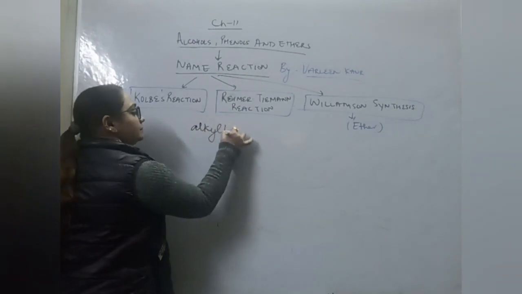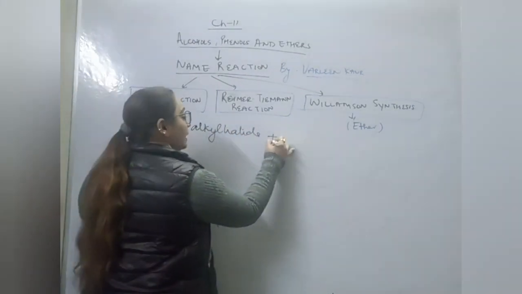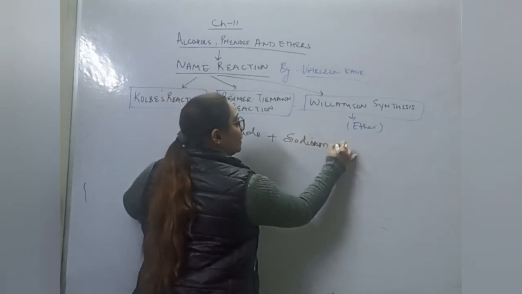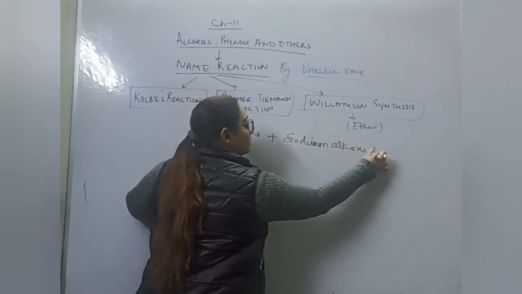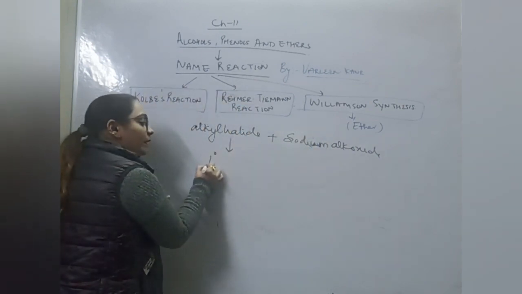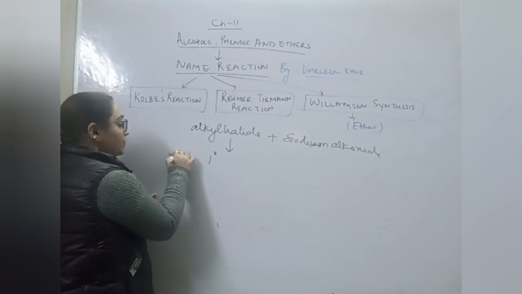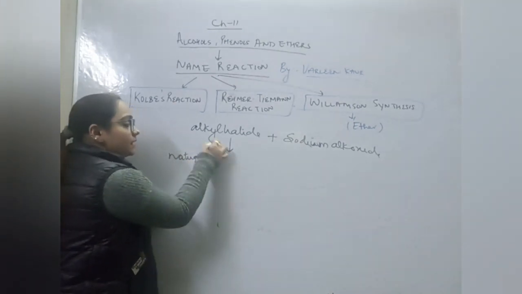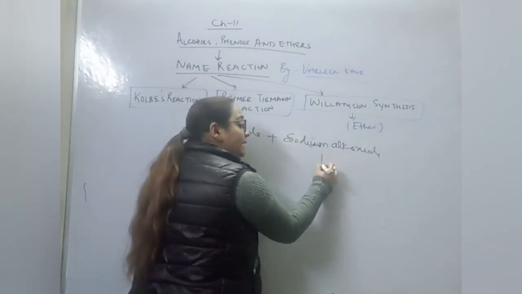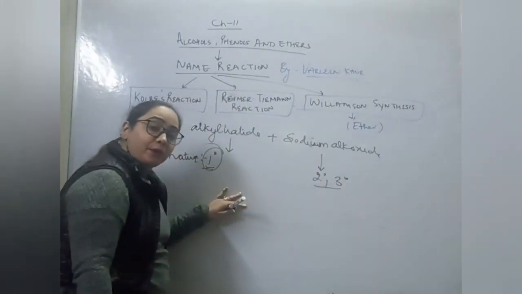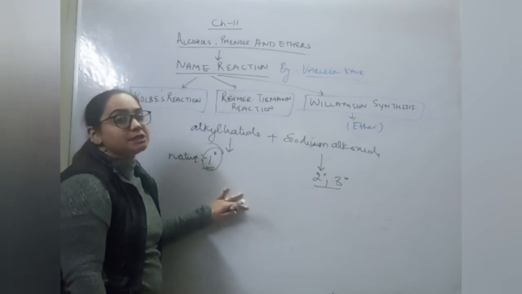Alkyl halide, I just told you, alkyl halide when treated with sodium alkoxide, what is the nature of this compound? It must always be primary. The nature is always primary, but if I take this as secondary or tertiary, otherwise elimination reaction would take place.